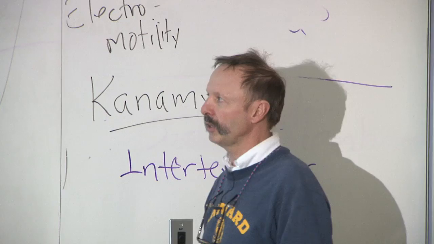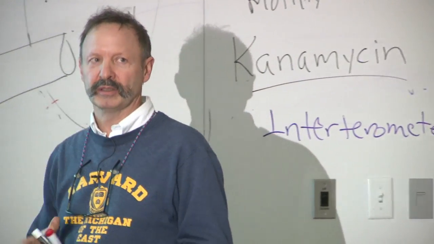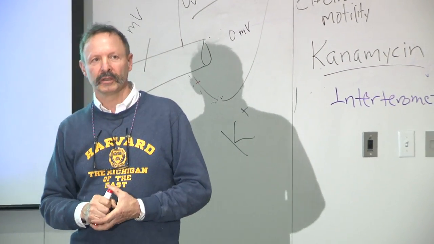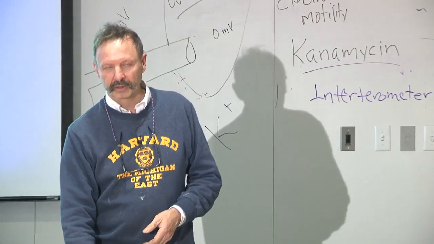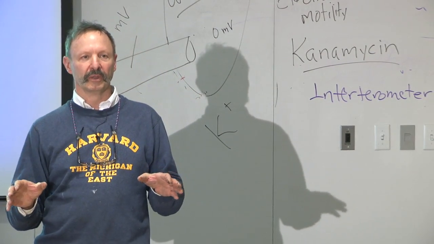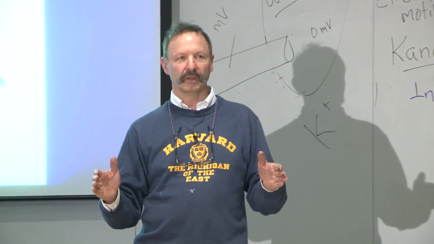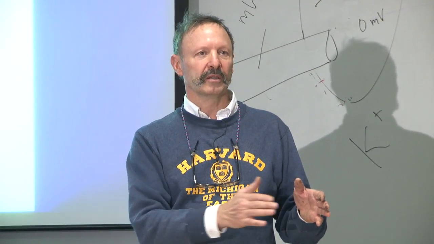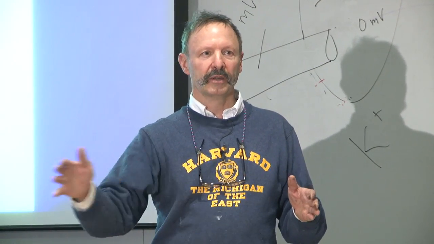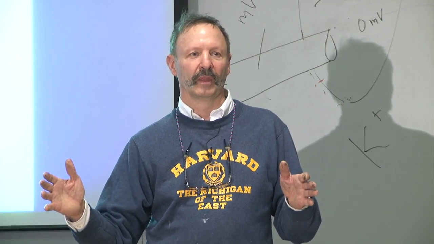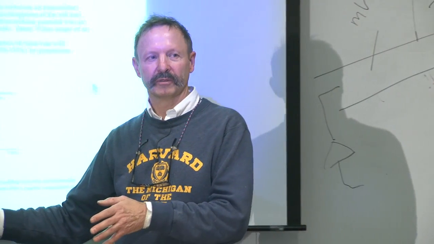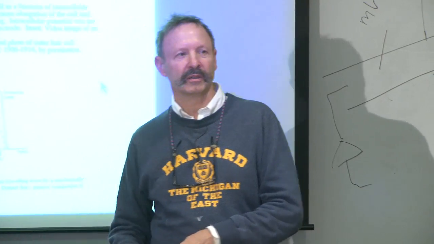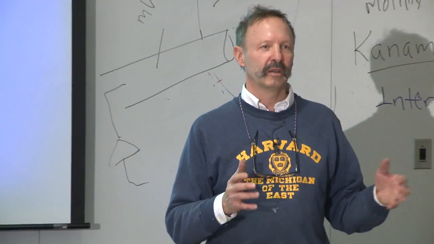it turns out that the outer hair cells are a little bit more sensitive to the kanamycin than the inner hair cells are. So if you treat with just the right dose, you can find a place of the cochlea where there are intact inner hair cells and where the outer hair cells have all been lesioned. Basal to that, for example, all the hair cells are gone, and apical to that, none of the hair cells are gone.